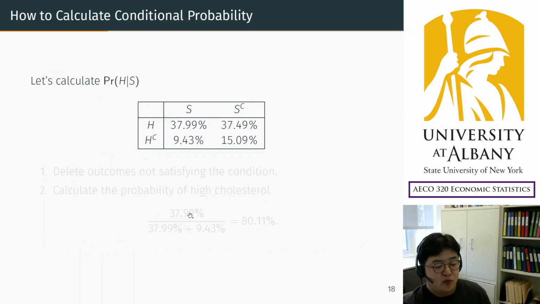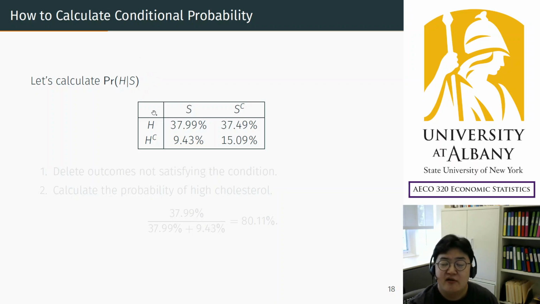By the way, that's just an Excel function, but let's see how we can calculate it if you don't have Excel, and you just have the joint probability distribution. How can you calculate the conditional probability? We would like to calculate the conditional probability of high cholesterol among those who ever smoked, among smokers.